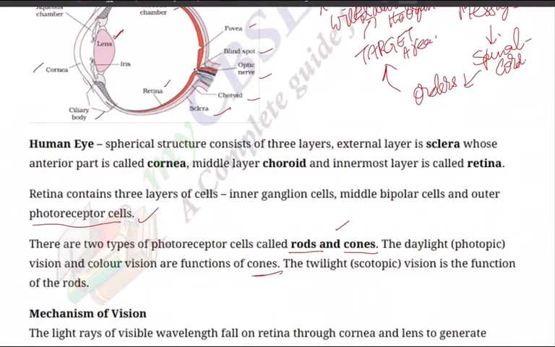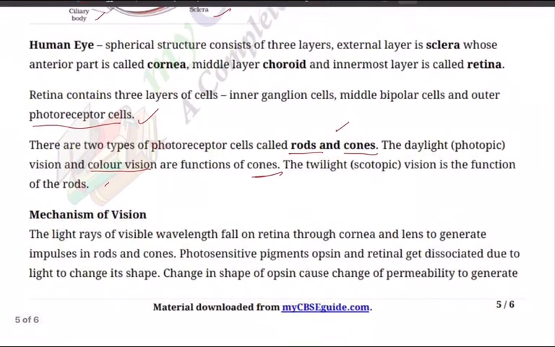So daylight, photopic vision and color vision are functions of cones. Look at that, color vision, cones. The twilight, scotopic vision is the function of the rods. And the mechanism of vision: the light rays of visible wavelength fall on the retina through the cornea and lens to generate impulses in rods and cones.